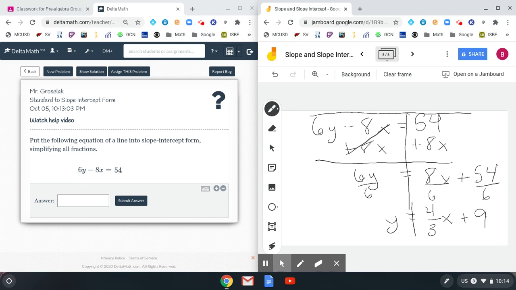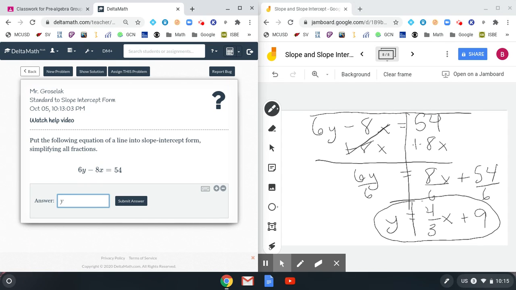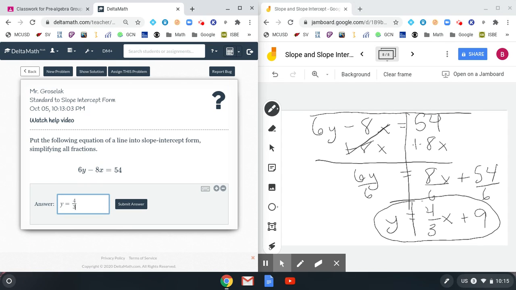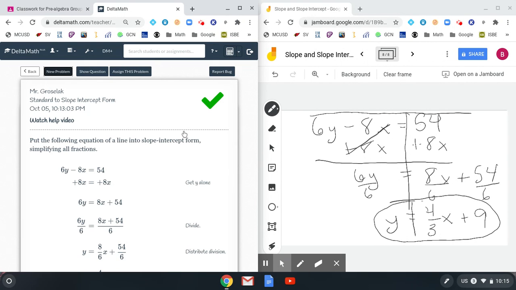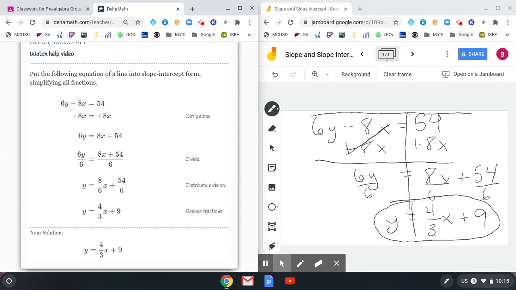So my slope-intercept equation is 4/3 x plus 9, which means my y-intercept is 9 and my slope is 4 over 3. I'll type that in: 4 over 3 x plus 9. Submit my answer. Yes, I want to submit that answer. And I got it correct. It walks you through exactly what we were just talking about.